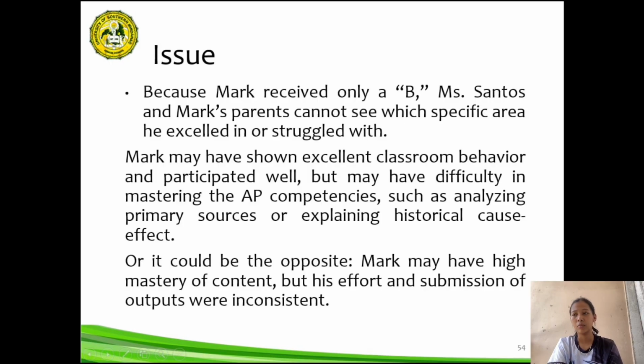Maybe hindi mo masasabing saang part siya nag-struggle or saang part siya nag-perform na hindi better because of just insufficient information kasi letter grade lang yung binigay. Because letter grades is the combination of academic and non-academic performance.